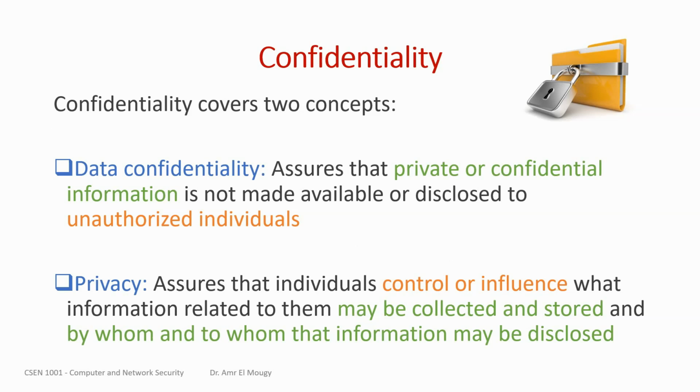If you answer a survey, for example, how long is the company allowed to keep this survey on the records? How is data collected from you or from your device? Who gets to see this data? If the data is redacted, for example, or anonymized, is this something that is disclosed to you? How is it anonymized? All of these are topics that belong to privacy, which is a subtopic under confidentiality.